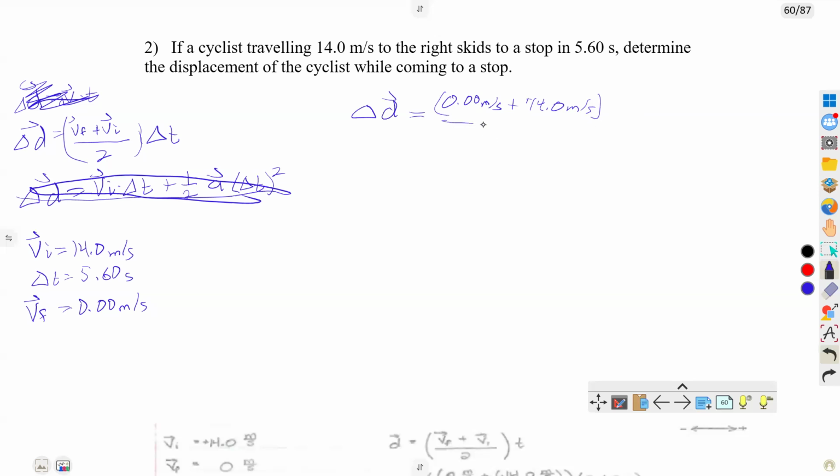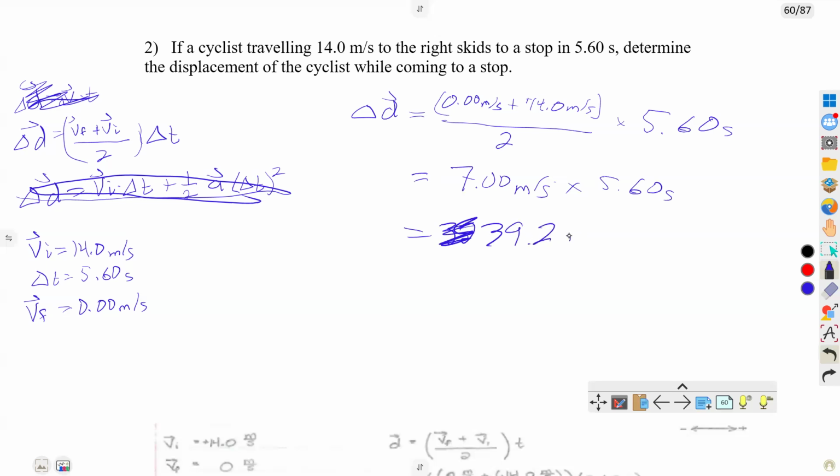We're going to divide that by 2 and multiply it by our change in time, which is 5.60 seconds. 0 plus 14 is 14, and 14 divided by 2 is 7 meters per second, times 5.60 seconds. 7 times 5.6 is going to equal 39.2 meters.